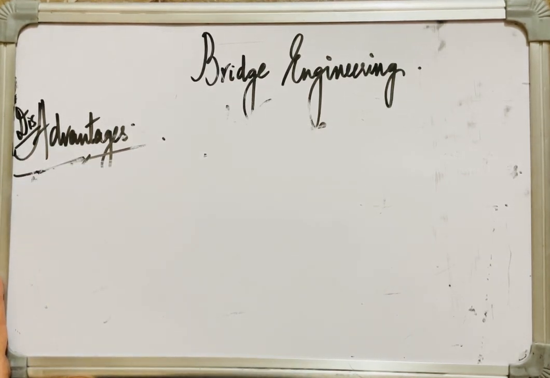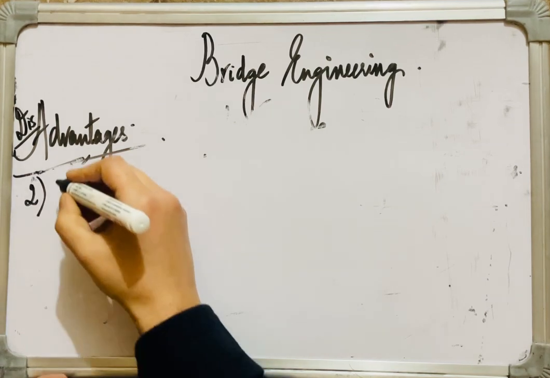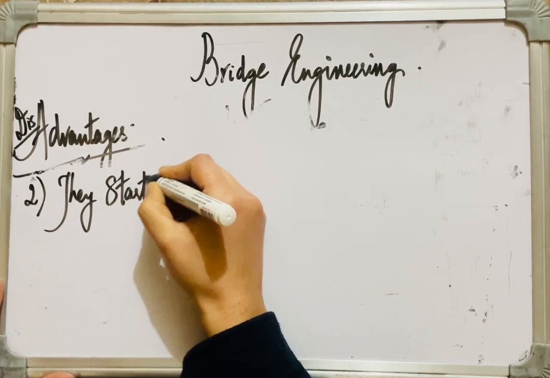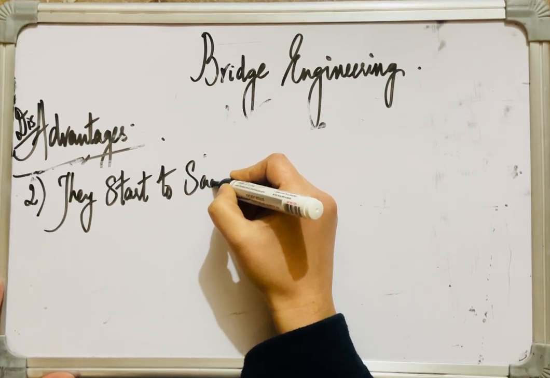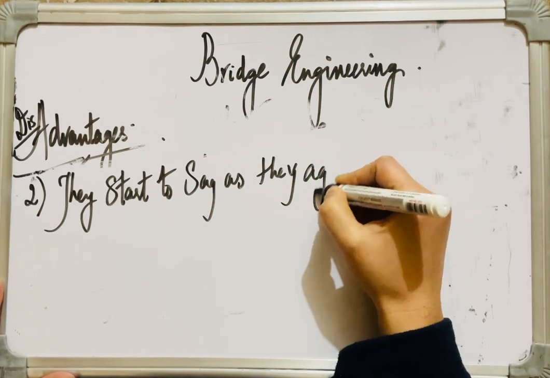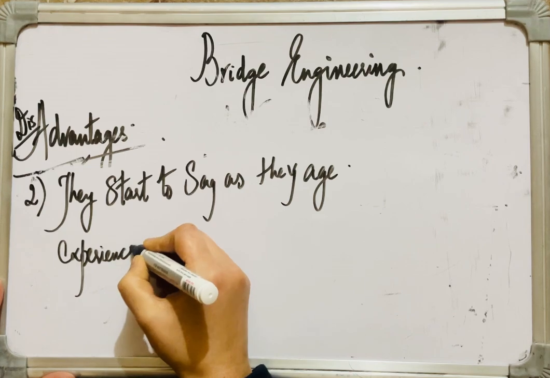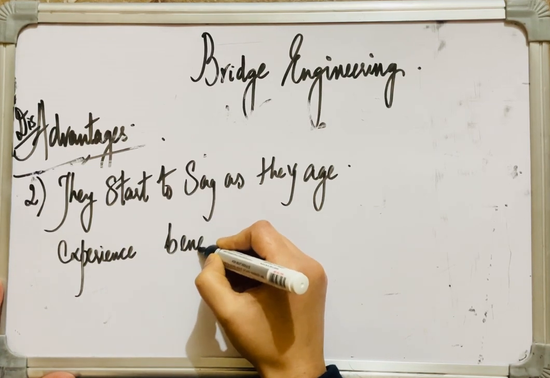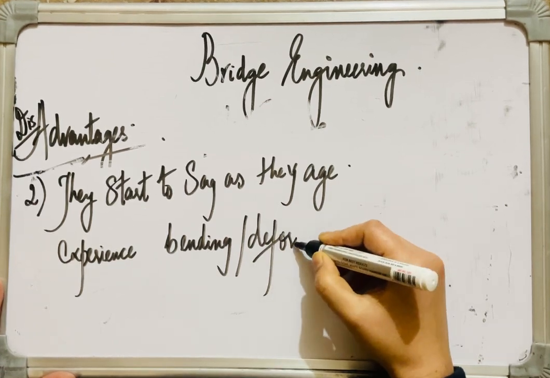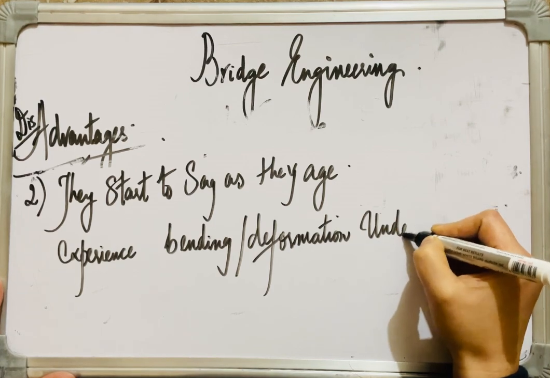The second one is that they start to sag as they age. That means they can experience bending or deformation under heavy loads.